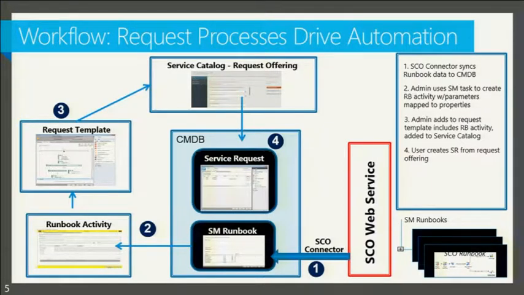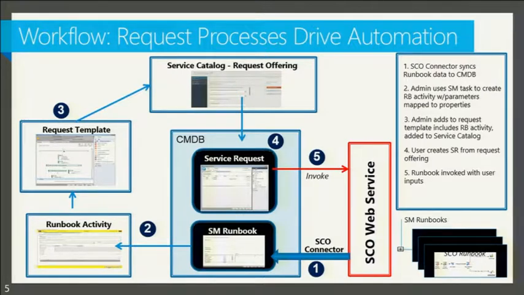It fires up the first activity, so that goes into an in progress state. And as soon as a runbook activity gets in progress, that invokes the runbook over at System Center Orchestrator.